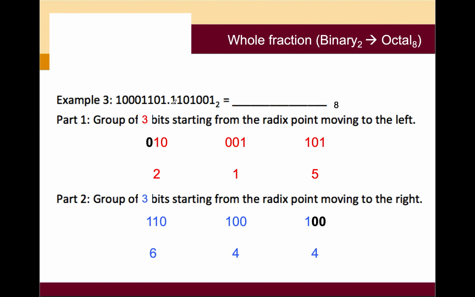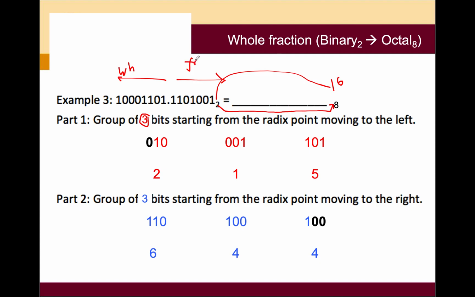So how is it? You group 3 bits if you want to convert binary to octal, and 4 bits if you want to convert binary to hexadecimal. You have 2 parts, which is the whole number, and then this is the fraction number.